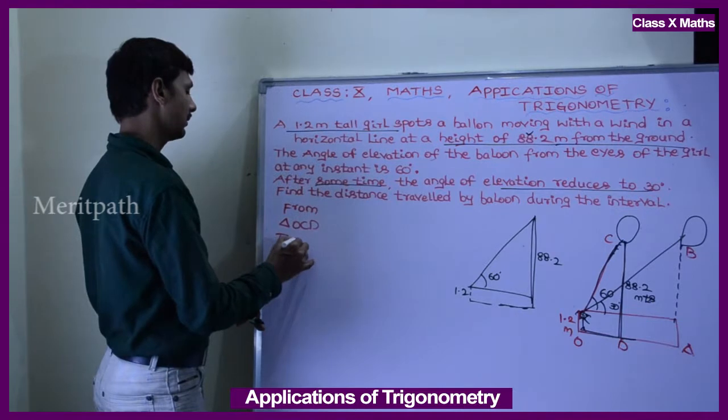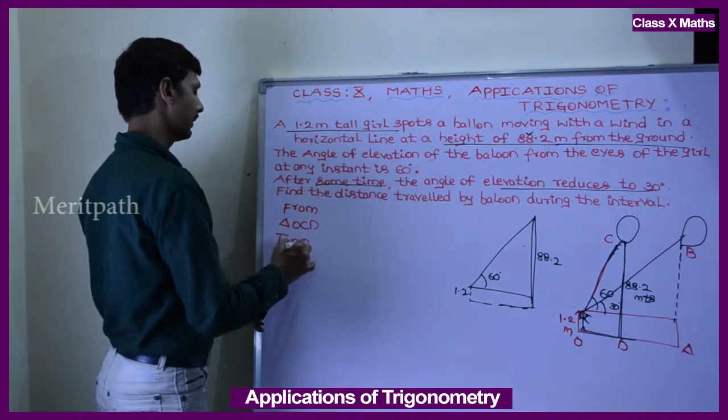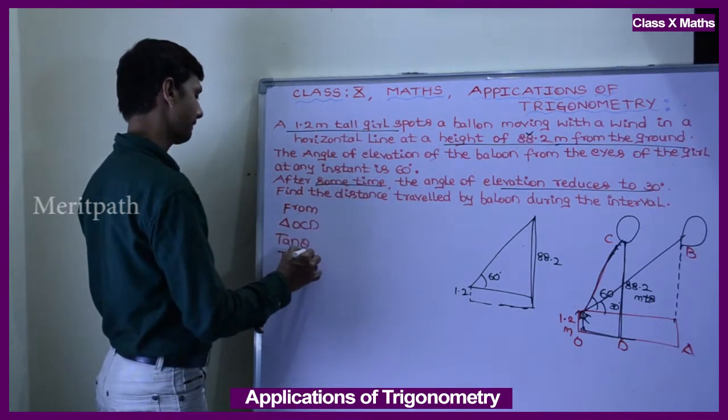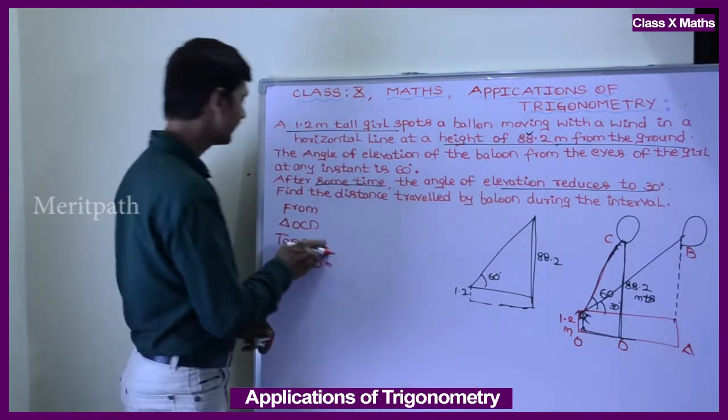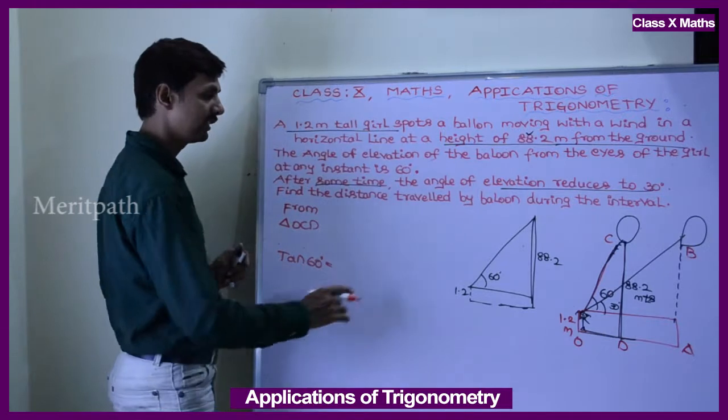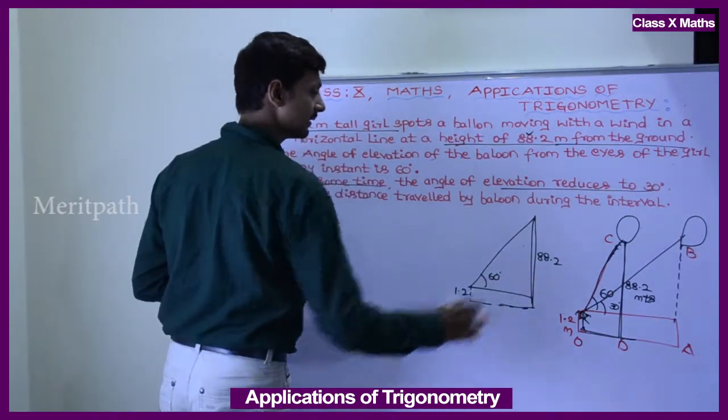we can observe tan theta, that is tan 60, is equal to opposite side by adjacent side.